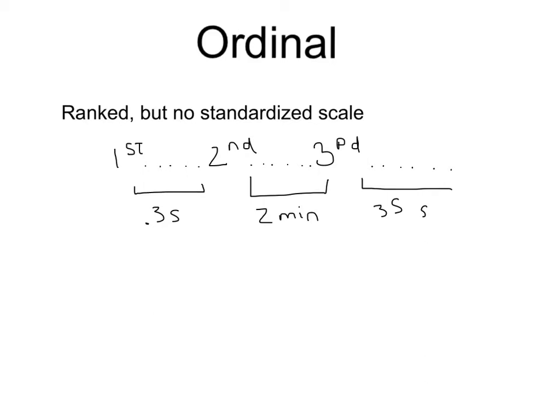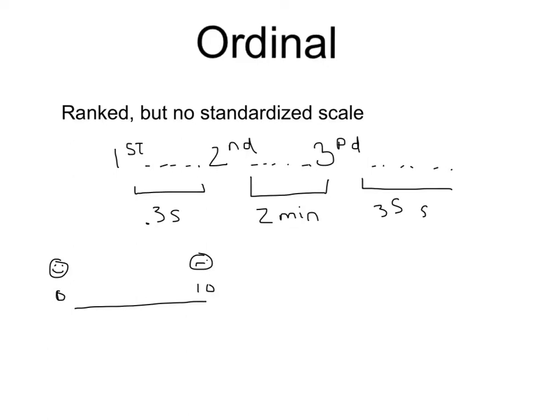So other examples is sometimes we ask people, how much pain do you feel? Where 0 is absolutely no pain, I'm very happy, and 10 is the worst pain you've ever felt.